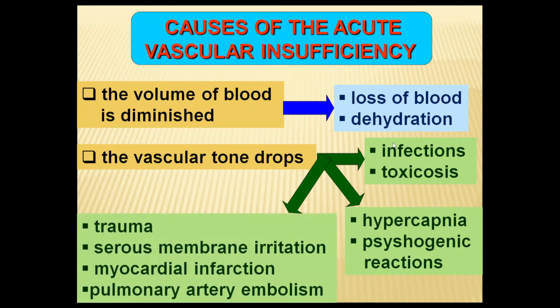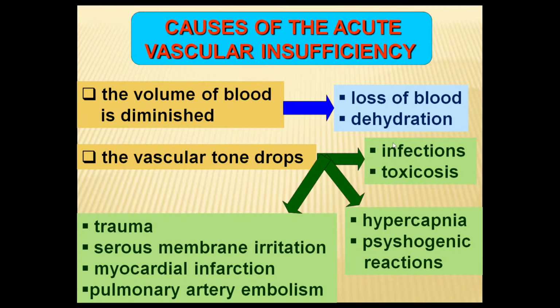Or it may be the result of some nerve reflexes after severe trauma, due to increased synthesis of adrenaline, when some vessels significantly narrow, first of all the vessels of the central nervous system, brain vessels. It may be due to irritation of the serous membrane of the vessels.